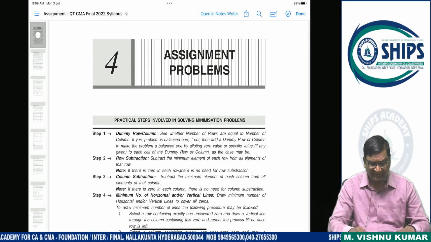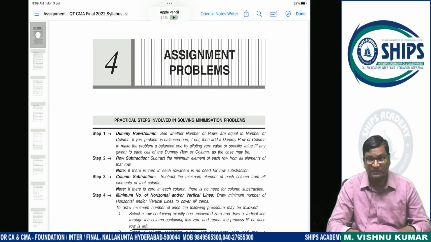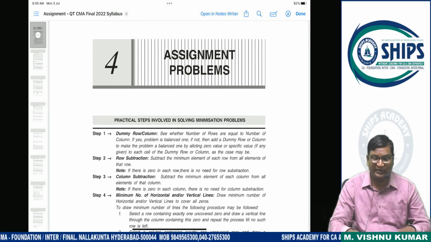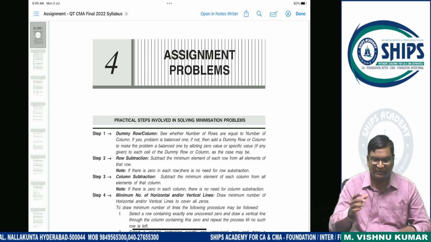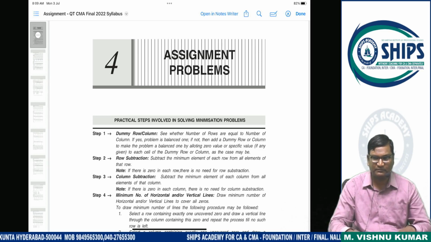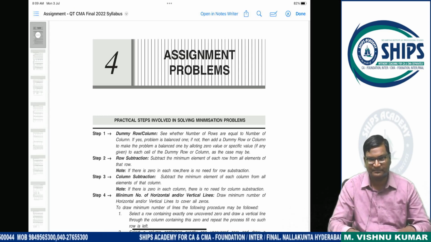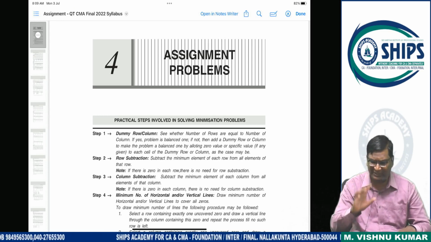So first topic is your assignment problems. This is a part of your quantitative techniques or operation research. Now, before starting this topic, one simple question. Quantitative techniques or operation research means what? This is for knowledge purpose only.